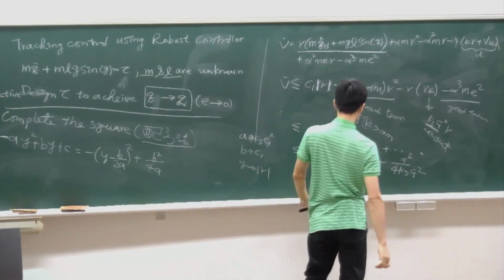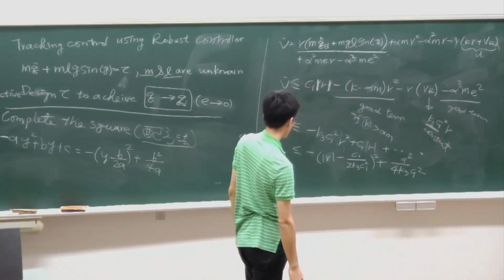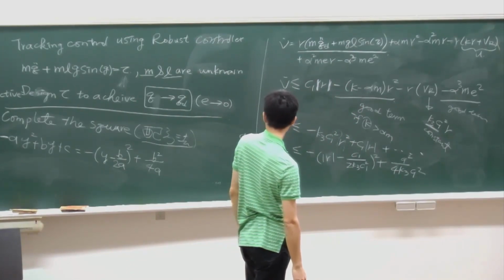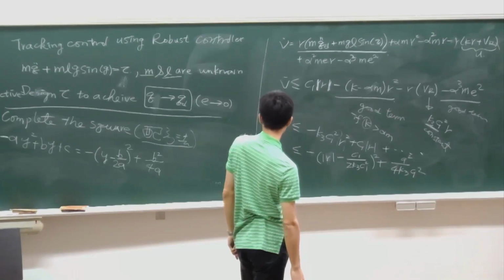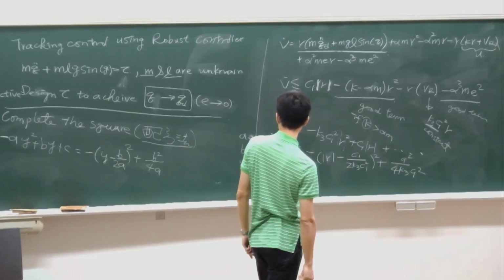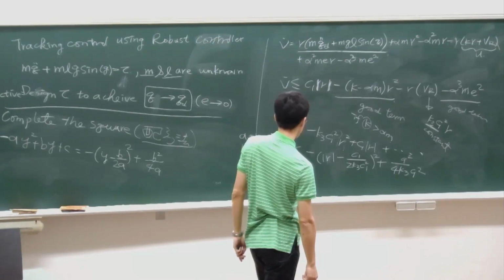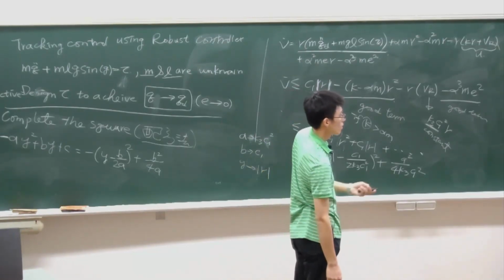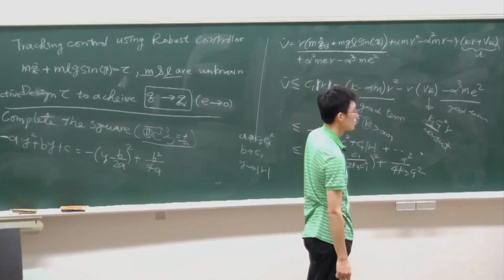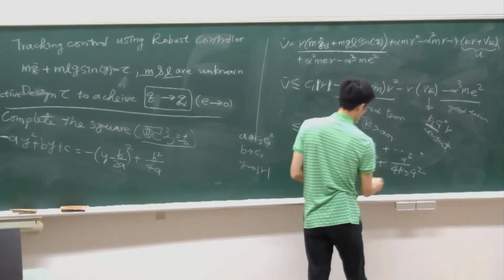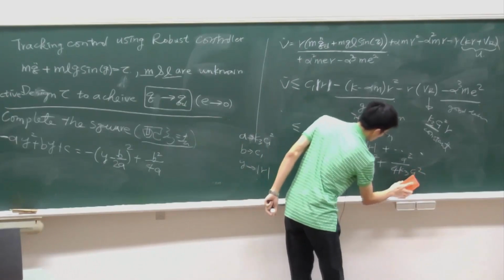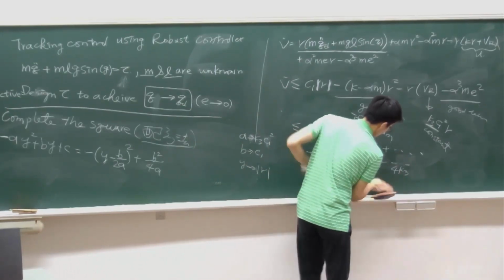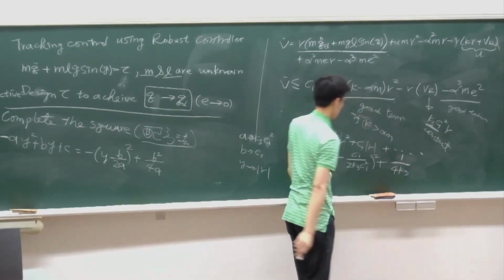Does this look a bit strange? 4a square b square C1 square. Okay, that should be right. Yeah. So it cancels C1 squared, C1 squared, so it's 1.